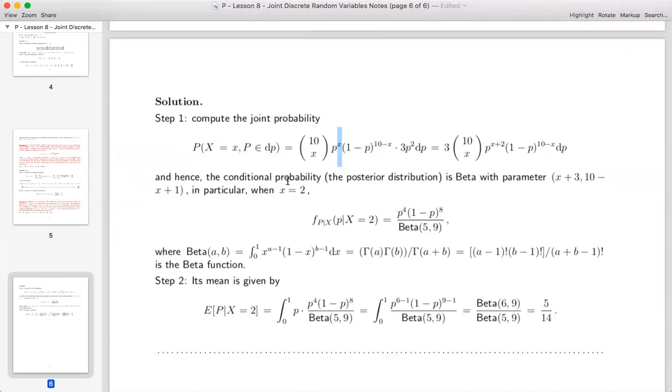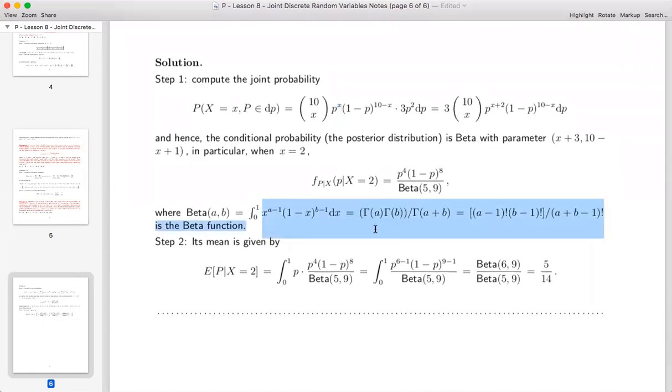And the conditional probability of the posterior is beta, with x plus 3 and 10 minus x plus 1, when x is equal to 2. So that we should have. I believe I posted notes on beta earlier, where the beta function is right there.